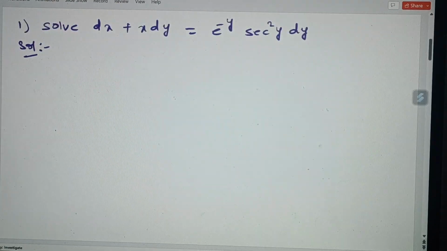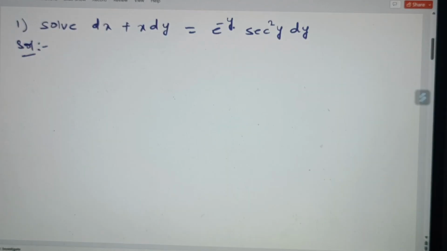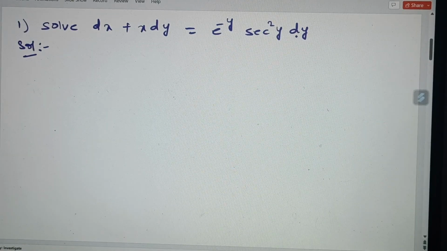Let us take the first example: solve dx plus x into dy is equal to e raised to minus y into sec square y into dy. Okay. If you observe, the equation is not given directly in the form of dx upon dy plus p dash into x is equal to q dash. We need to arrange the terms.